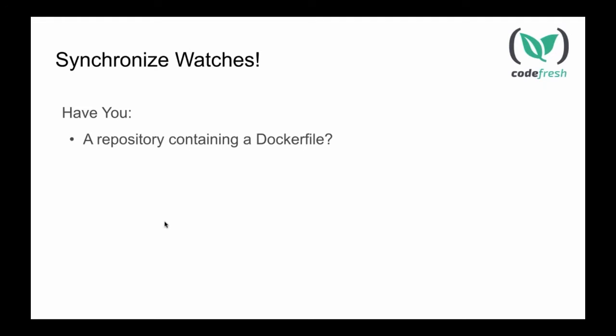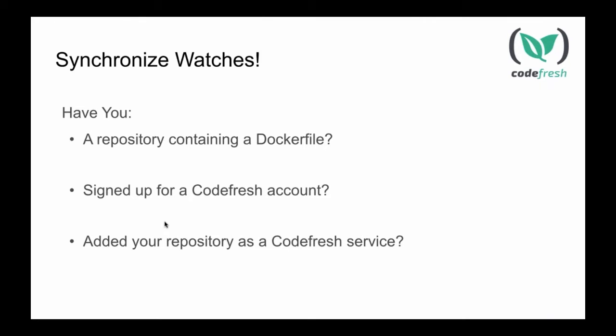So hopefully by now, you've either had a small interaction with Codefresh, including perhaps you have your own GitHub repo with a Docker file that can build an image out of the code in your repo. I hope you've already signed up to Codefresh and created your own account, and also added your repository as a Codefresh service and maybe tried out the build a couple of times.